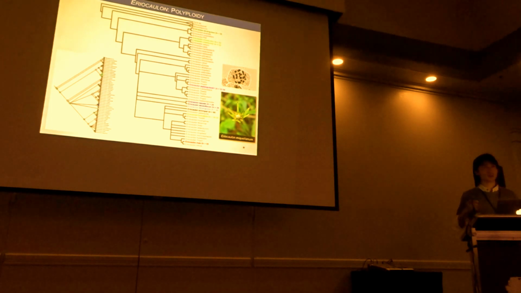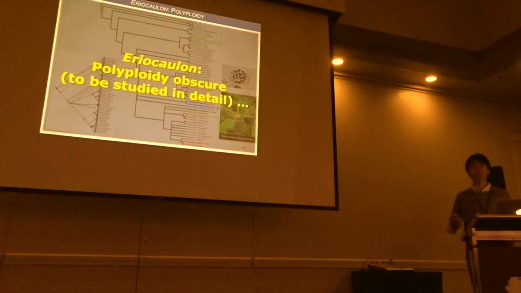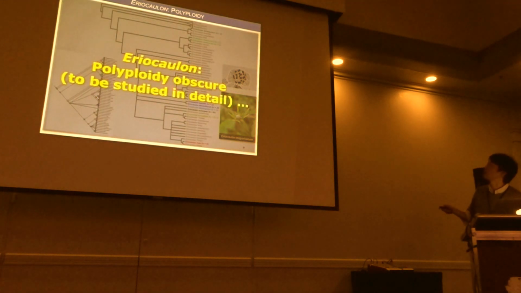It's probably because what we have is the literature data, and so we started doing the chromosome observation using our own collection. So in the future we can get a clearer, I don't know which kind of clear evolutionary history. But at this moment, what I can say is polyploid history is still to be studied in detail.